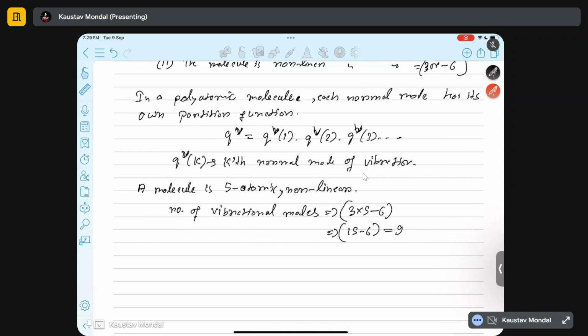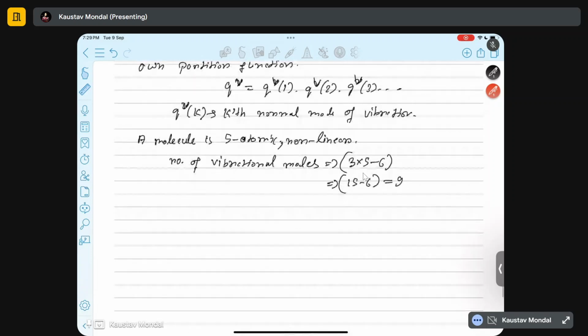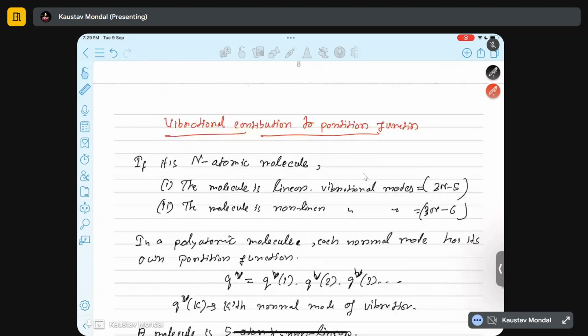So that means Q_v would be Q_v1, Q_v2, Q_v3, all the way up to Q_v9, the ninth mode of vibration. The multiplication of all of them gives the total vibrational partition function of that particular molecule.